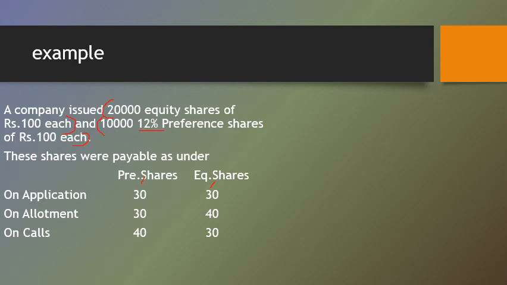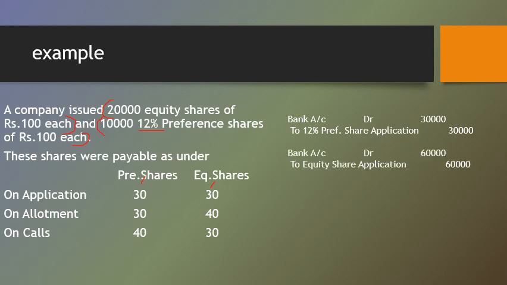The first is receiving the application money. First we receive the application money for the preference shares: bank account debit to 12% preference share application, rupees 30 for 10,000 shares, 30,000. Next we receive the application money for the equity shares: bank account debit to equity share application, rupees 60,000.